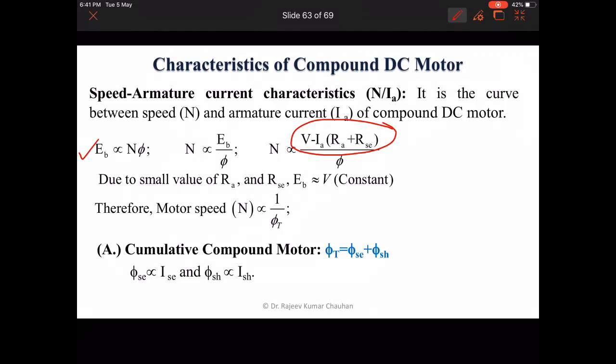Due to the small values of RA and RSE, EB is approximately equal to the applied voltage V, and that is constant. Therefore, motor speed N is proportional to 1 upon phi, and phi for the compound motor is phi t. For the cumulative compound motor, phi t is equal to phi se plus phi sh, and phi se is proportional to ise and phi sh is proportional to ish.